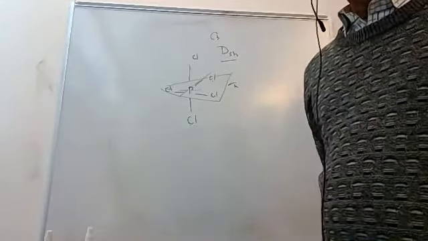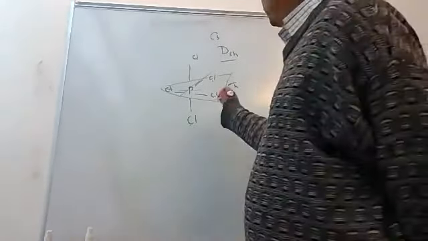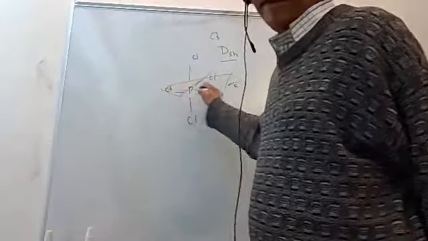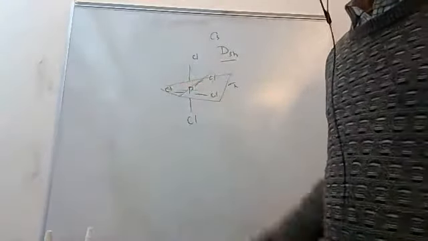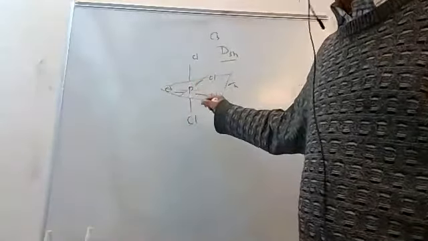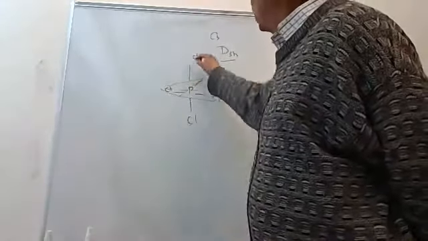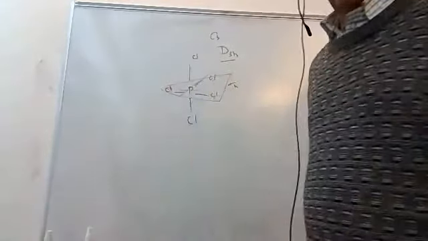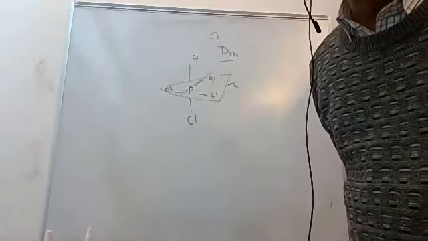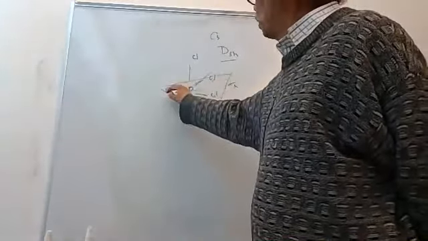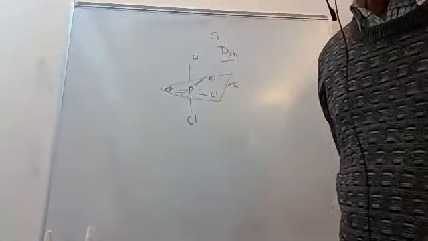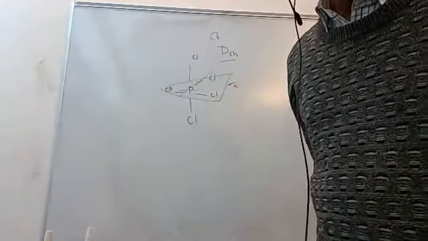Oh, it's perpendicular, okay. That sigma H is the plane that contains the equatorial chlorine atoms and the phosphorus. You know, this is a trigonal bipyramidal geometry, right? So we have both axial and equatorial chlorines. We have three equatorials and two axial chlorines. So if you look at the phosphorus and the three equatorial chlorines, that plane that contains these four atoms is your sigma H.